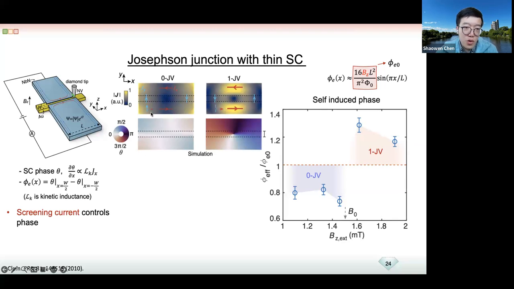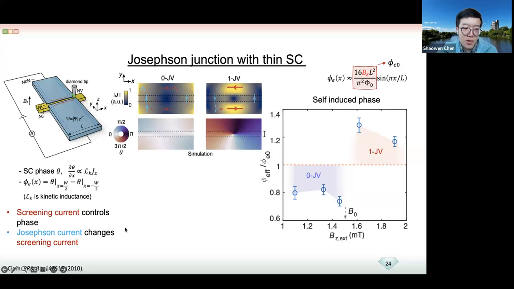And now, if we introduce the Josephson current, right? The equation was derived in the case of neglecting any Josephson current going across the junction. But now if we introduce the current going across the junction, because of the continuity of the current, you can see that the screening current at the top and the bottom of the junction will be either reduced in the 0 vortex case or increased in the 1 vortex case.